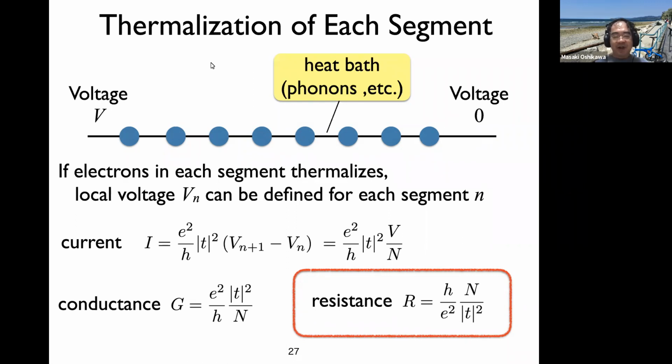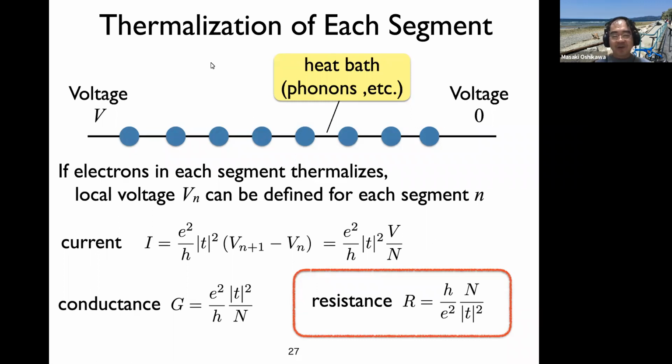Then you need to take multiple reflections and the interference among different paths into account. But in reality, electrons interact with phonons and so on, so they thermalize. So of course, this dissipation or decoherence rate is finite. So it's interesting to consider what happens at a finite rate of decoherence and so on.